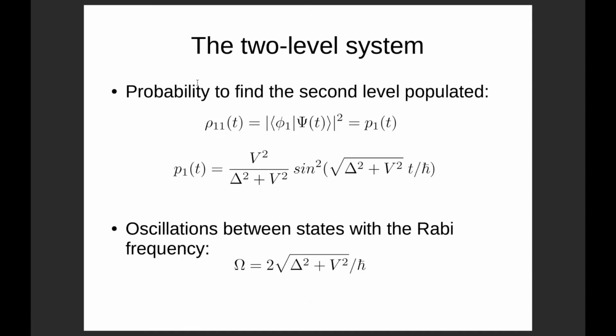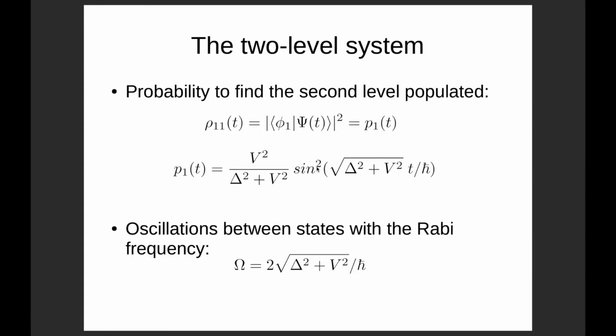The probability to find one of the levels populated is given just by the weight of the function of that level in the full system function at a given time, modulus squared. So that is exactly the element 11 of the density matrix, or the population of that level at a given time t. We can solve it for this case, and it turns out to be just an oscillatory function.